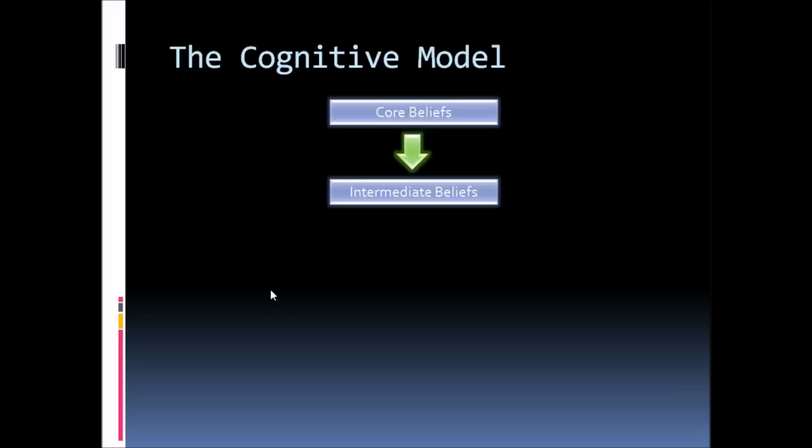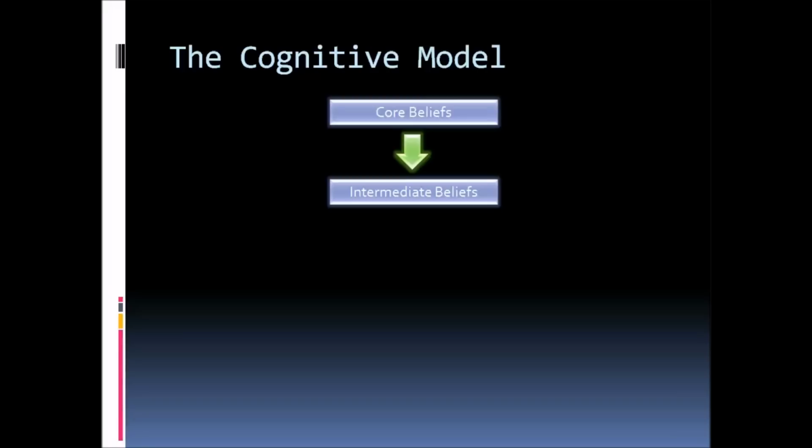And you can see that as the diagram is being built out, the next level is what's called intermediate beliefs. And these are attitudes, assumptions, and expectations that a client has. Now, Ellis would group core beliefs and intermediate beliefs together.